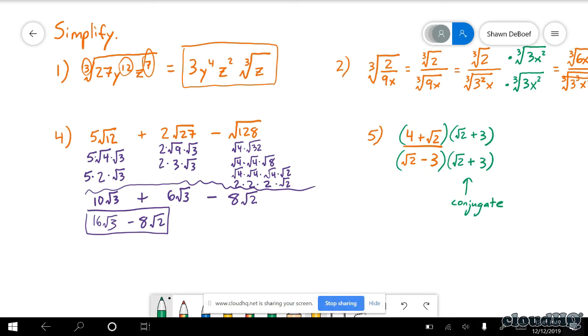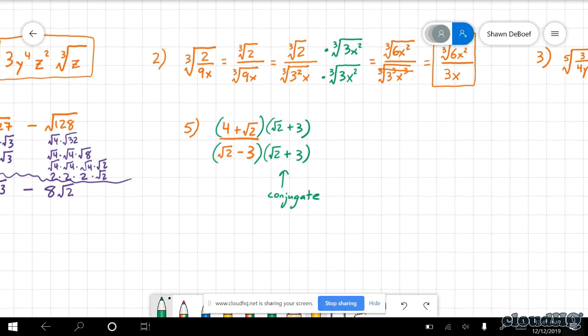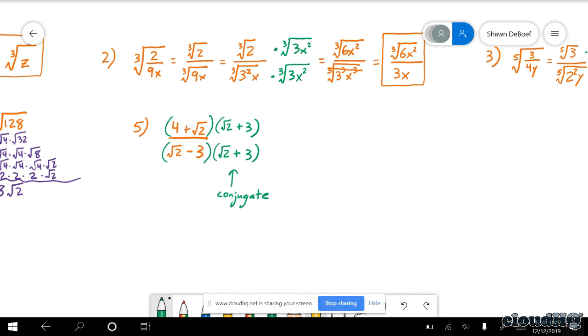And so now we have two multiplication problems. And the way we multiply those together is by distributing or foiling. So let's do that. First, in the numerator, 4 times the square root of 2. 4 is not in a square root, 2 is. You can't actually multiply them directly together. Instead, I have 4 square root of 2. 4 times 3, well, that's a 12.